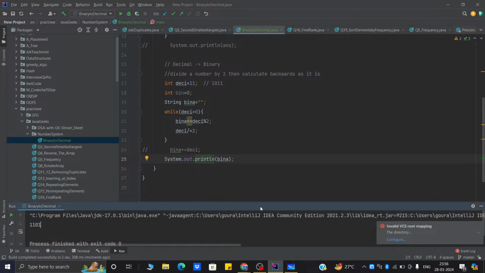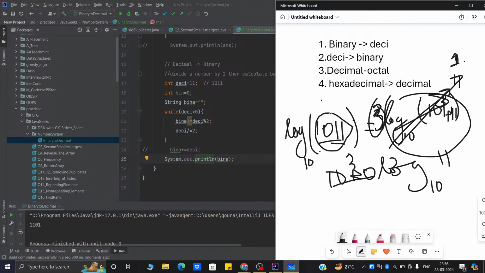Why? Because it is calculated like this.